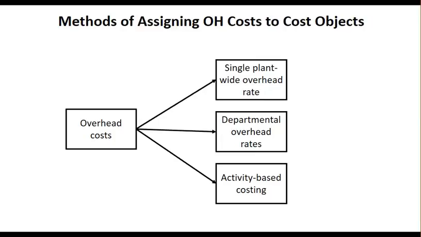Then we also have what we call departmental overhead rates, and then we have the more modern version of allocating overhead, the most popular, which is activity-based costing.